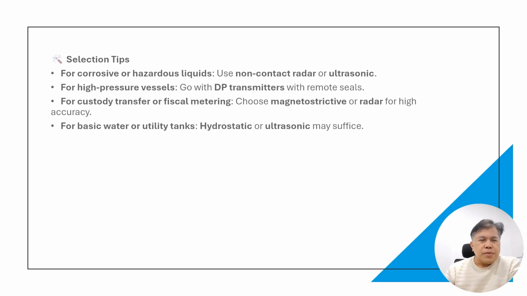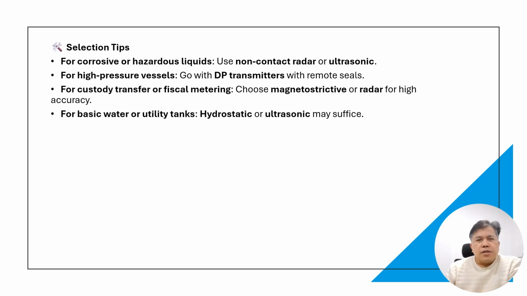All right. So with the selections, these are the tips. For corrosive or hazardous liquids, use non-contact radar or ultrasonics. For high pressure vessels, go with a differential transmitter with remote seals. Do you see that one?